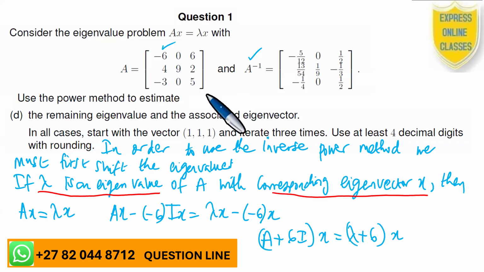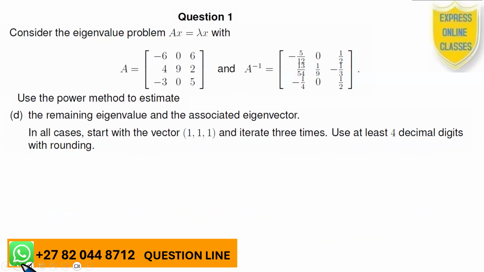Why have we performed the shift? We performed the shift because we are dealing with an eigenvalue that is intermediate in a 3 by 3 matrix. And we proceed as follows.